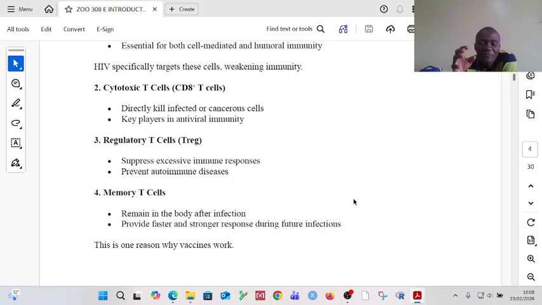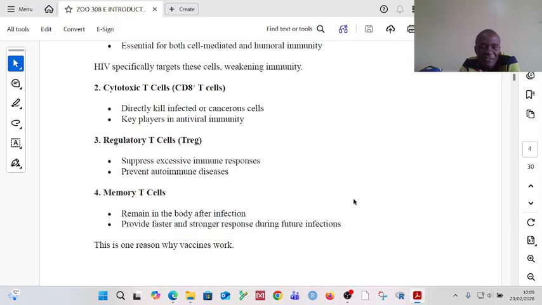So if there was an infection, for example, HIV, that infection led to the production of several T cells.